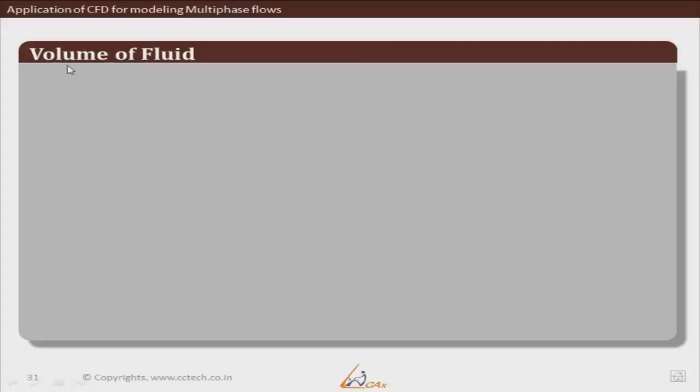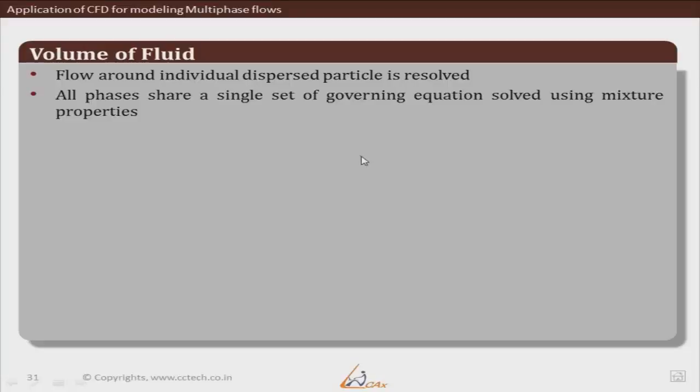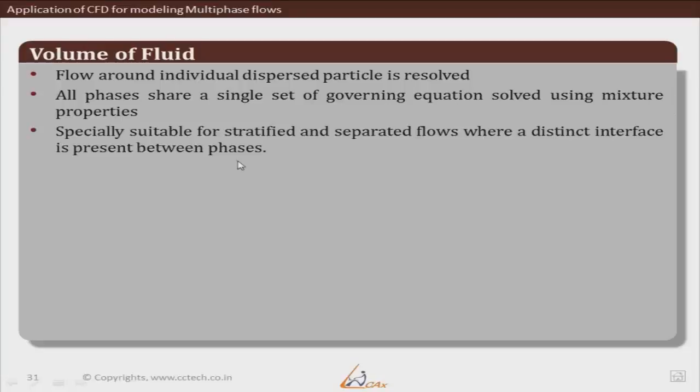Now we will see a brief overview of the mathematical treatment or the process followed in the volume of fluid approach. In the volume of fluid approach, flow around individual particles is resolved. So we use a single set of governing equations for all the phases involved. We come up with a term called mixture properties, using properties of the individual phases, and governing equations are solved using these mixture properties.